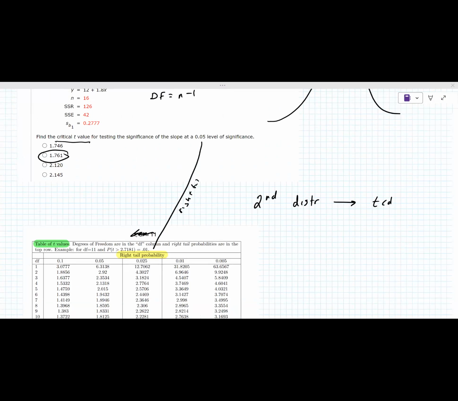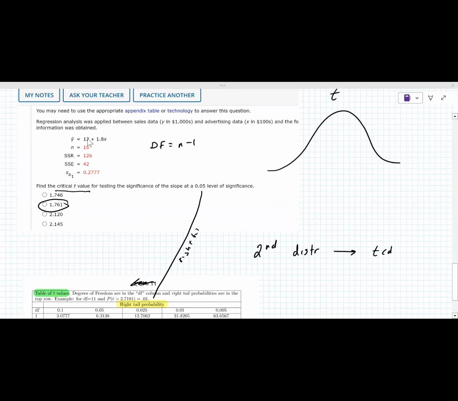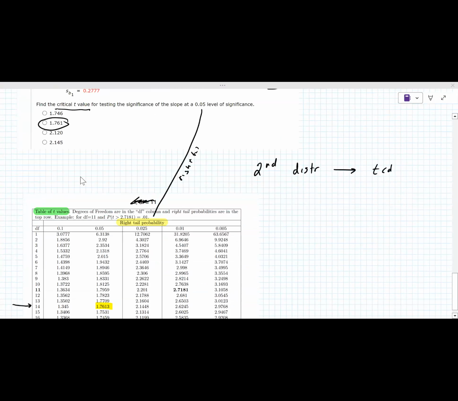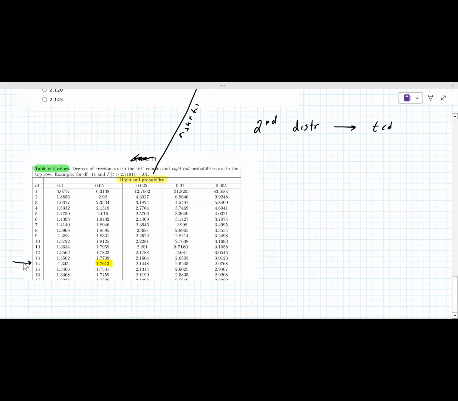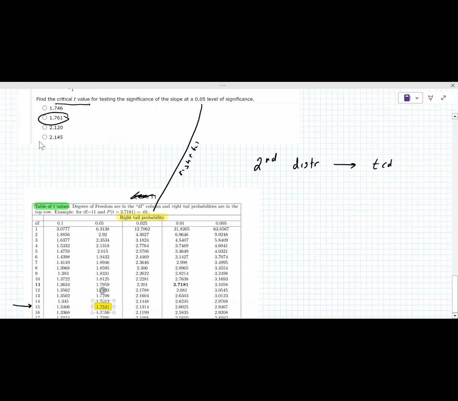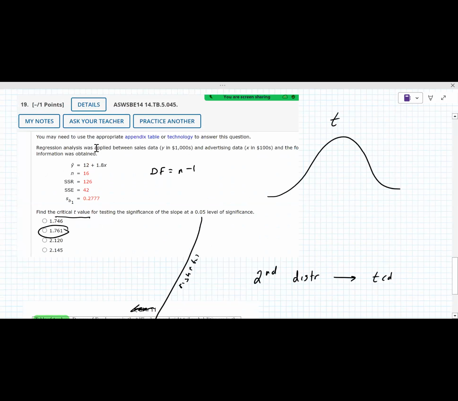Didn't like that answer. All right, let's take another look here. Oh, degrees of freedom are, sorry, n is 16, so degrees of freedom is 15. I'm looking in the wrong spot. Right there, 1.753, which is not there. What is going on here? We're doing 19 here. Critical value. Oh, so it's a two-tailed test.